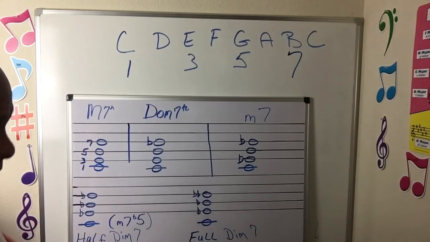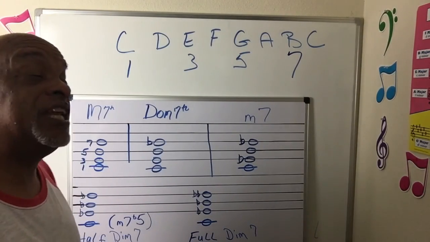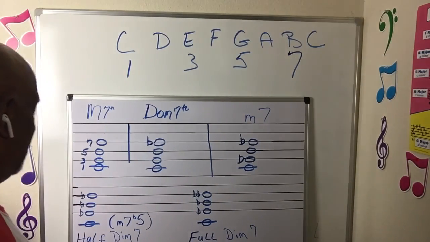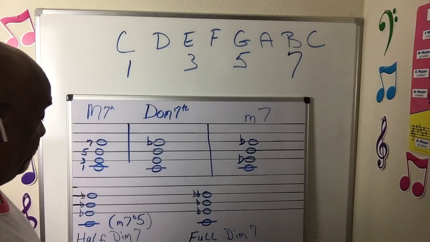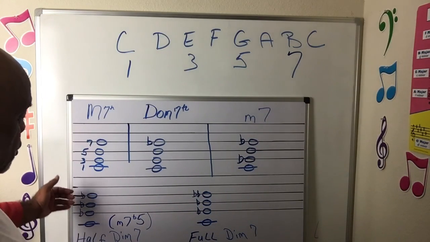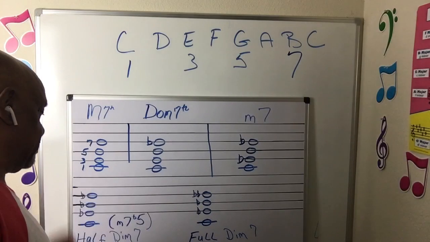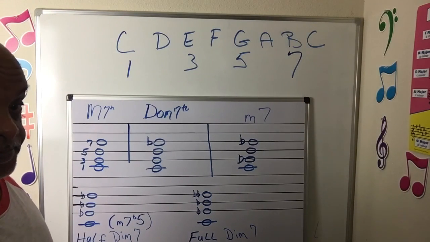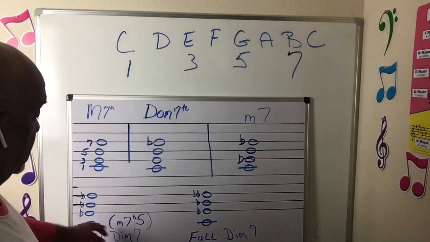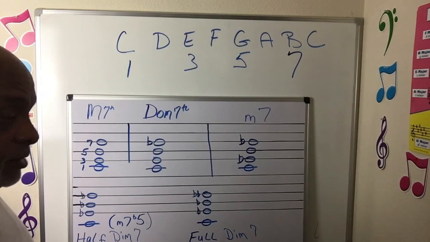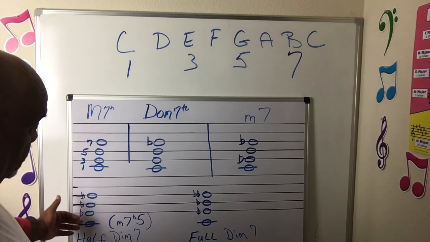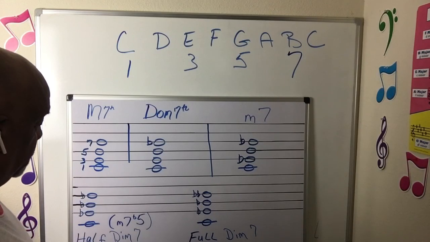Now, a half diminished 7. You have your root, but then you lower the 3rd, you lower the 5th, and you lower the 7th a half step. You don't lower the root, but you have your root position.